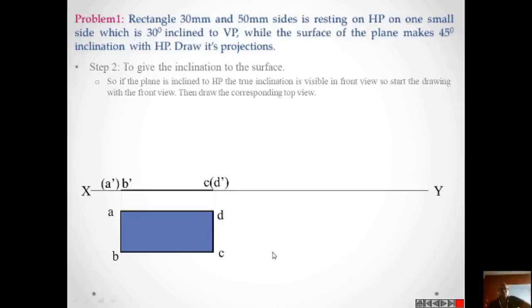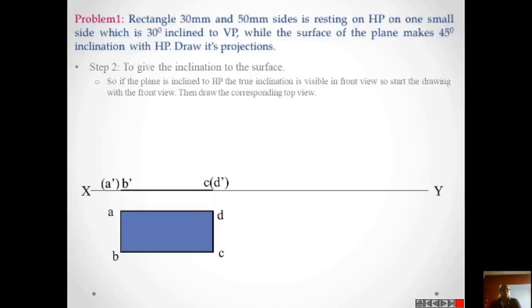So next step, what we have to do? The next step is we have to give the plane the prescribed inclination. The inclination given in the question is 45 degrees.